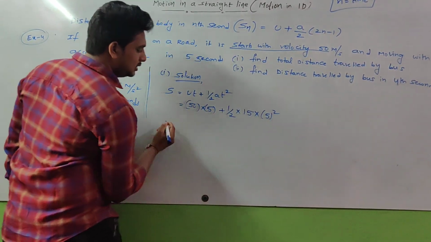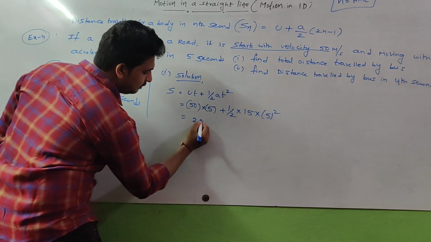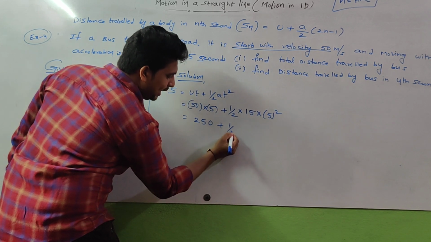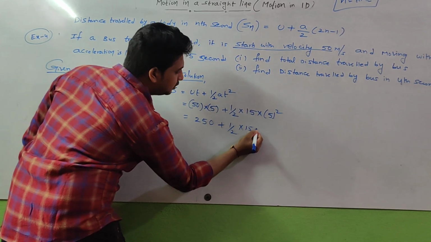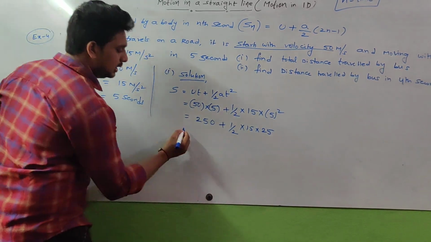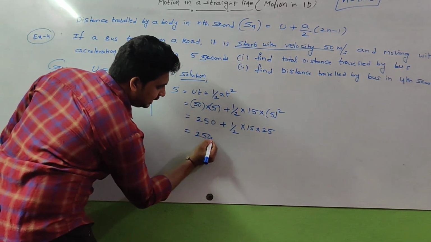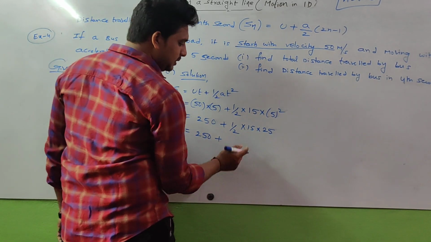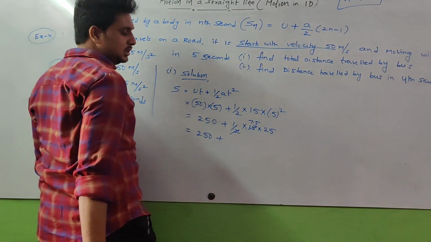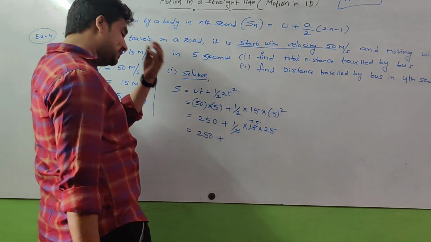So 5 square, 5 into 5, is 25. That means 250 plus 1 by 2 into 15 into 25. Half of 15 is 7.5.